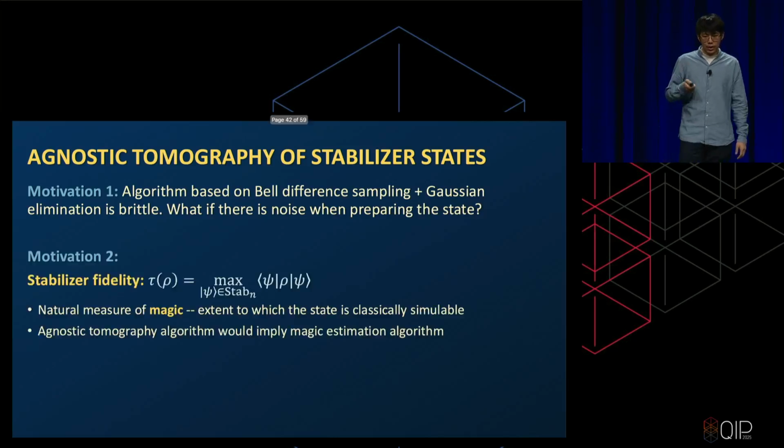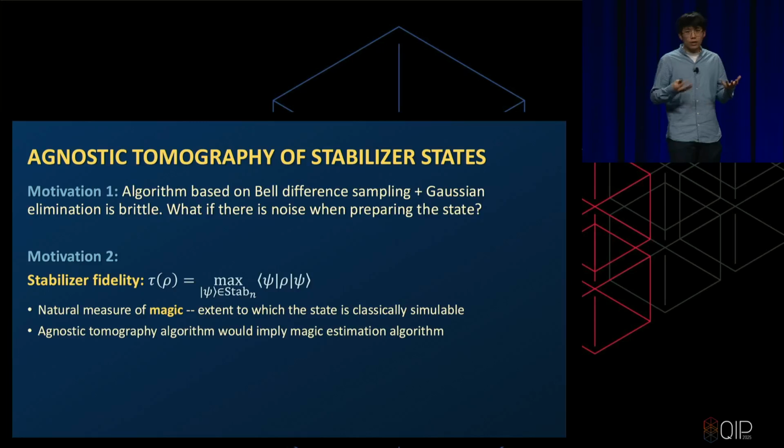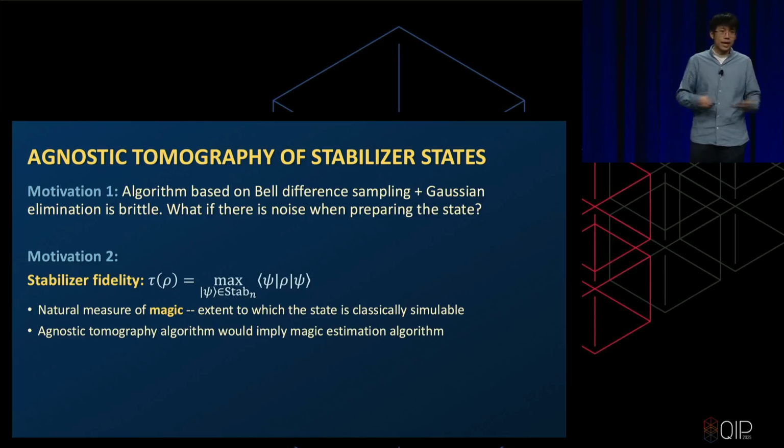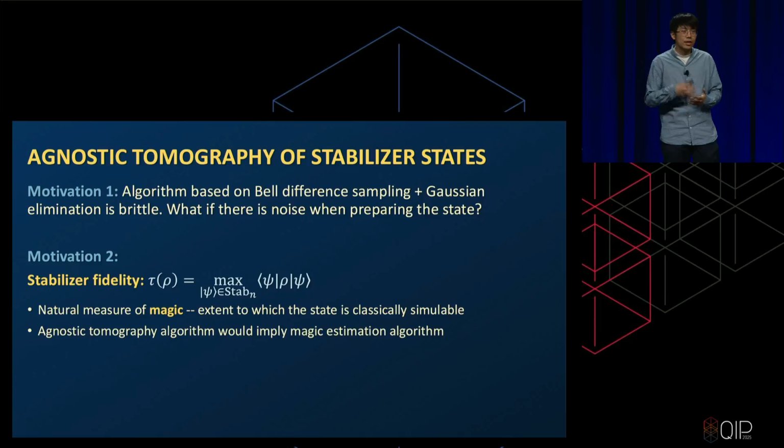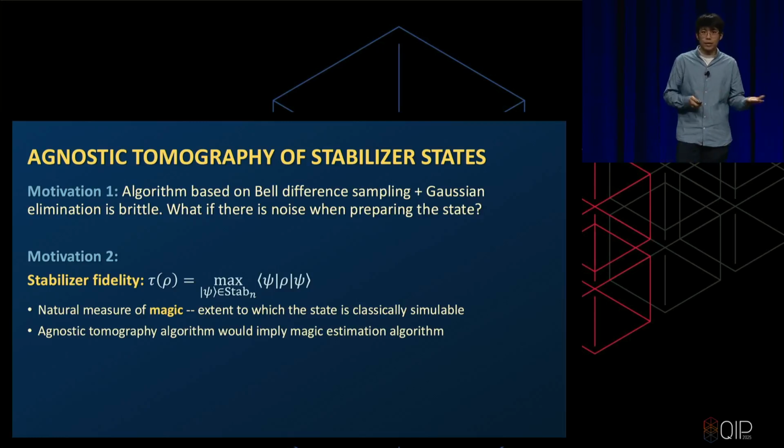Okay? So another motivation, which I think is interesting and is maybe specific to the stabilizer setting, is that recall, these are classically simulable states, and in general, we could consider arbitrary states and ask, okay, if that state is somewhat close to being classically simulable, as measured by some notion of magic, can I still get a learning algorithm that kind of gracefully adapts to the level of simulability? And so you could consider a natural notion of magic, like stabilizer fidelity.